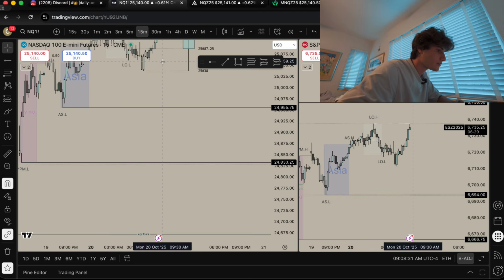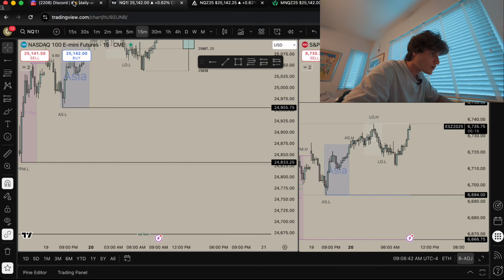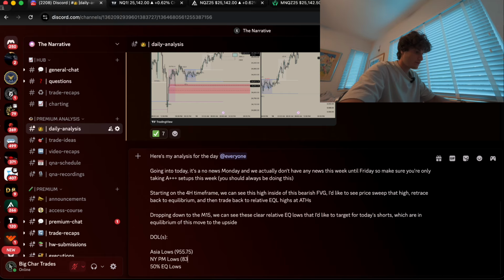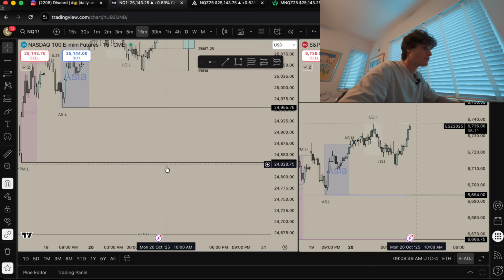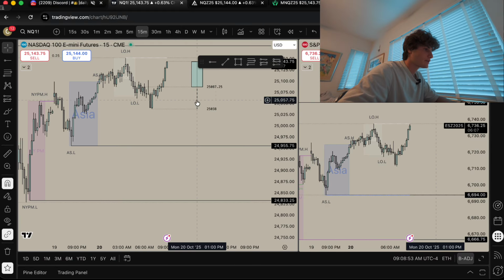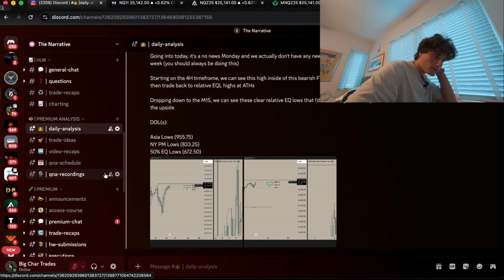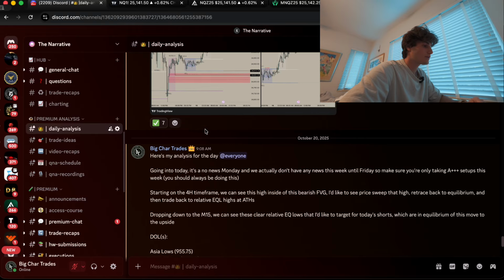Okay, so Asia lows is 95575. PM lows is 83325. And then 50% equal lows 67250. Okay. So this is a huge range. All right. Posted it to the Discord, as you can see right here.